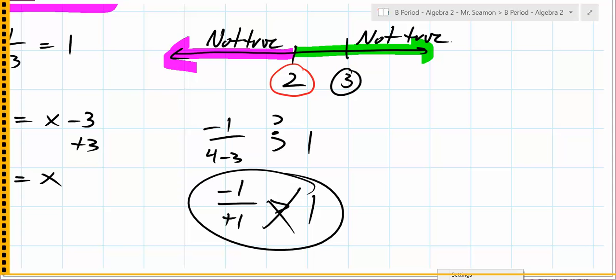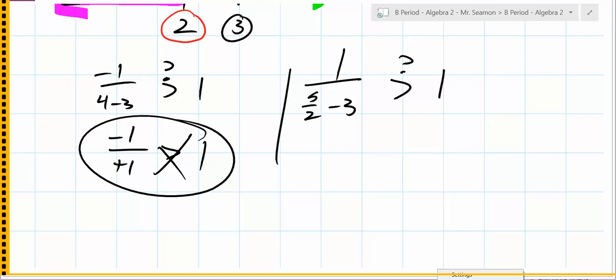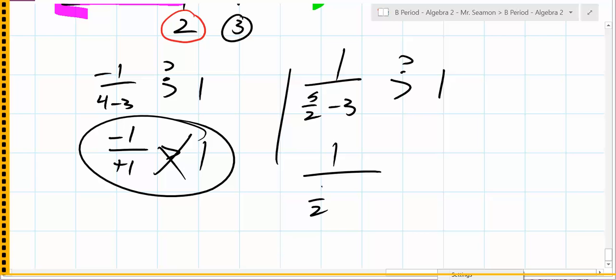So let's check what's in between 2 and 3. We have to use a fraction, right? So 2.5. What about this one? 1 over 5 over 2 minus 3. Is that greater than 1? Let's check. How many halves are there in 3? 1 over 5 over 2 minus 6 over 2. Is that greater than 1?